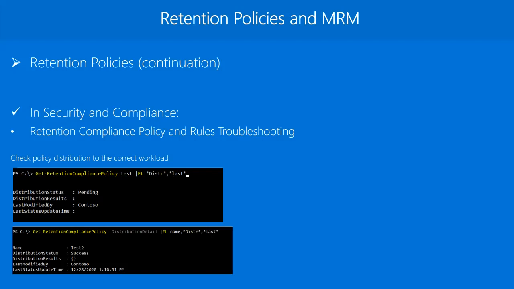You can also run Get-RetentionCompliancePolicy with the DistributionDetail switch, and you can get the distribution status, last modified by, and the last status update time. So using this, you can determine whether the compliance policy that you have defined for your organization was successfully distributed against the workload or not. Moving on.